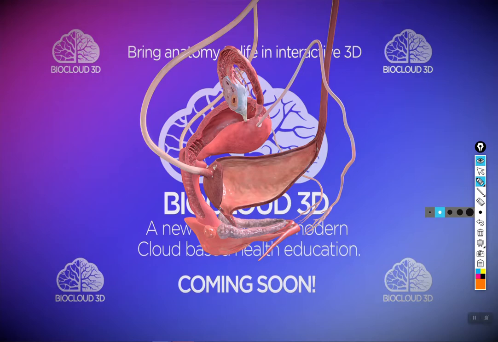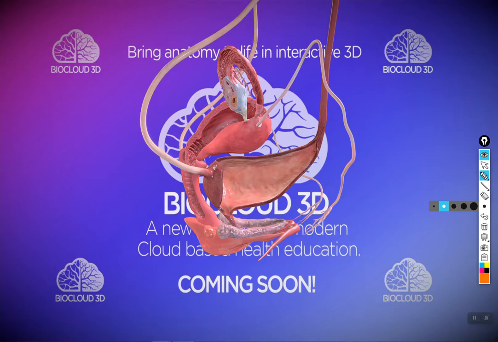The first step to orienting yourself is to figure out which way is up, essentially, and which way is down, left, right, etc. So, this is the anterior aspect, and this is posterior, and this is inferior, and this is superior.